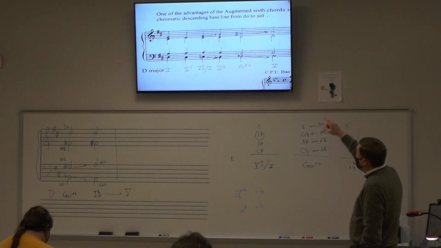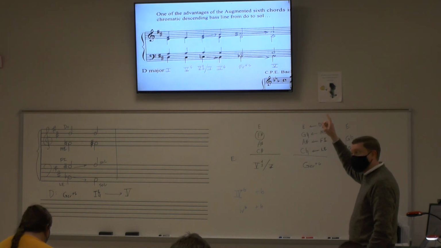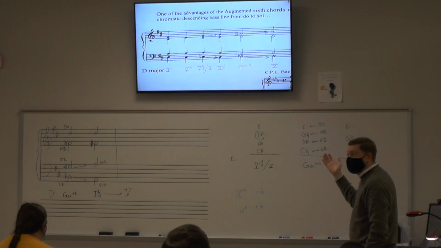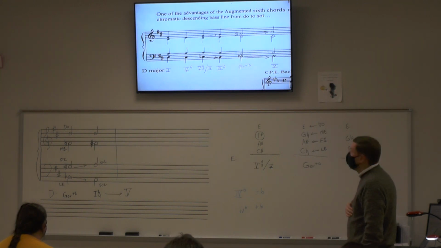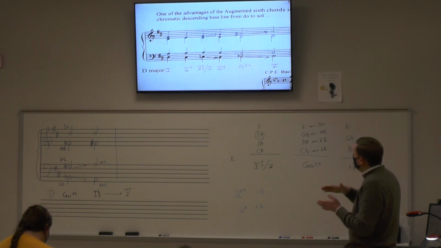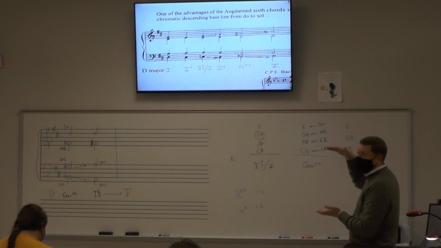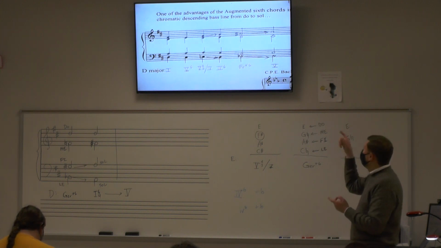I put fi, G sharp, in the highest voice. Didn't have to, but that's where I put mine. And then I needed do, which is D, and I needed re, which is E. And I couldn't put the D in the tenor and then E in the alto because if I switched them around, they would have been over an octave apart. So I did it that way.